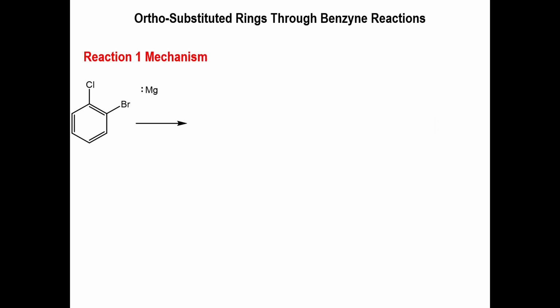Okay, so pretty much, like I showed in the previous example, you can treat these ortho-bromochloro derivatives with magnesium to create your benzyne, but you could do extra things with them. You don't necessarily need to react them with amide. You could react them with other alkyls.